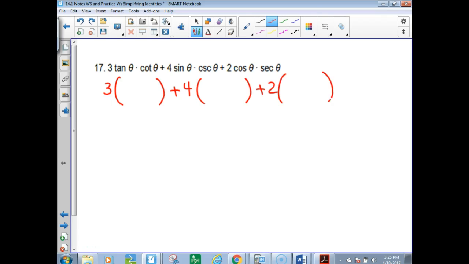I'm just going to rewrite these. The products, remember you can do 3 times sine over cosine. Cotangent is cosine over sine. What do you get here? Isn't this just 3?